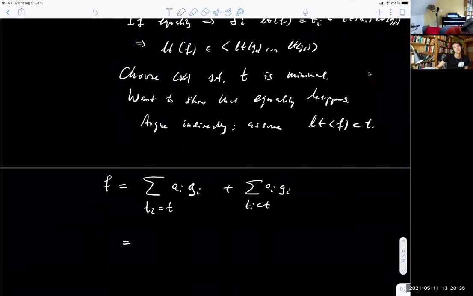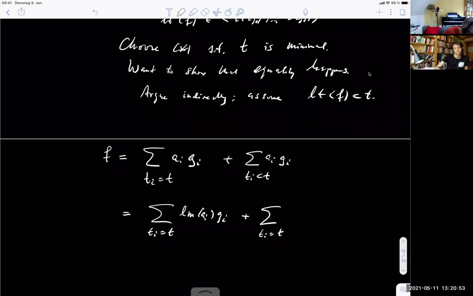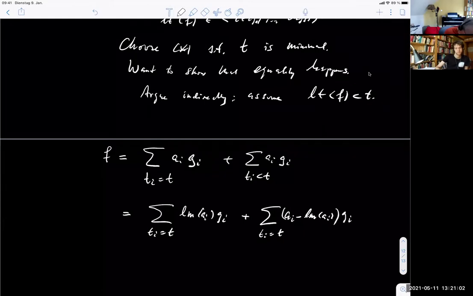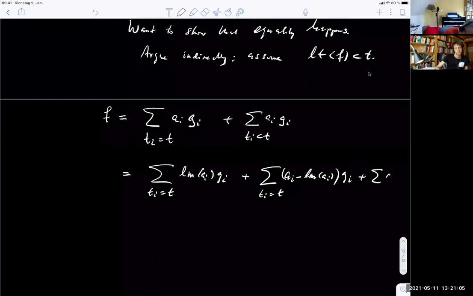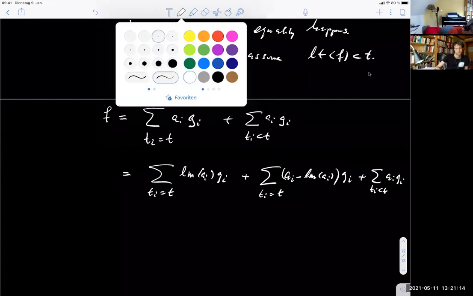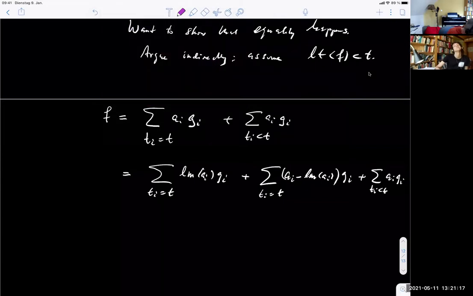So I write it this way: sum over all i where ti equals t, and instead of ai, I just put the leading monomial. Then I have to correct this. Here the coefficient is now ai minus the leading monomial of ai, plus this uninteresting part. I call this f twiddle.